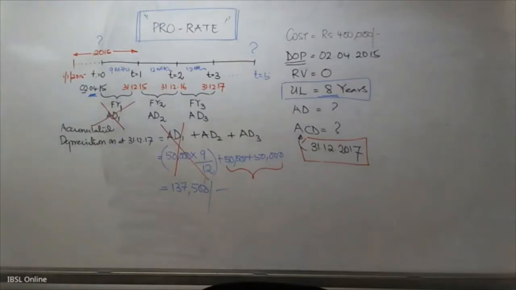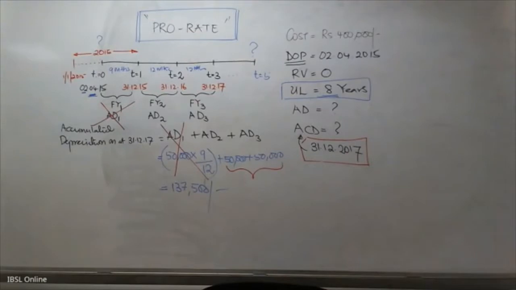This basic knowledge about application of the policy is very, very important. That is something that you can go wrong in the examination. So that's why I'm spending a little bit of time on this, so that everybody is on par and understands what is depreciation policy versus prorate convention.